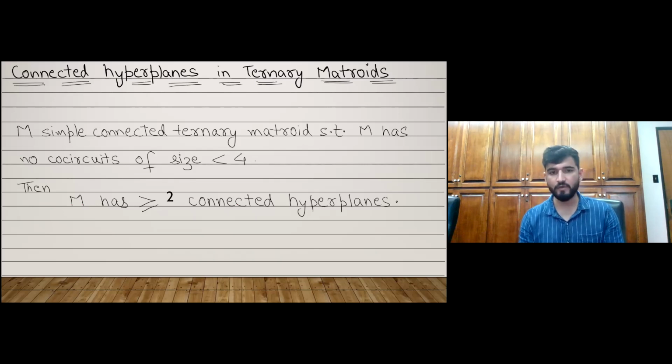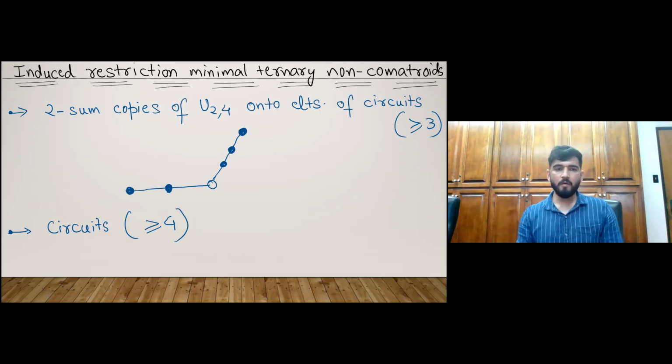And well, we do not know if this is optimal, but for our purpose, we actually needed just 1. So 2 is good enough. And now the question was, can we find induced restriction minimal ternary non-comatroids?